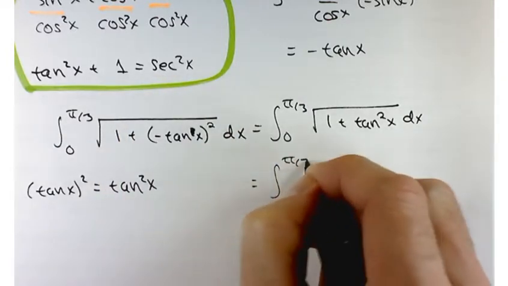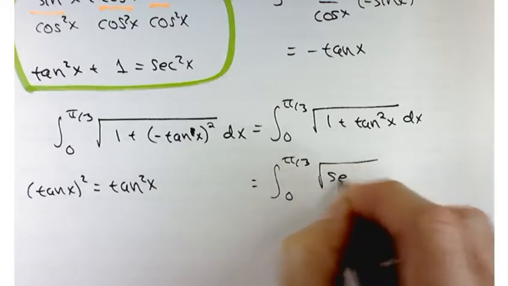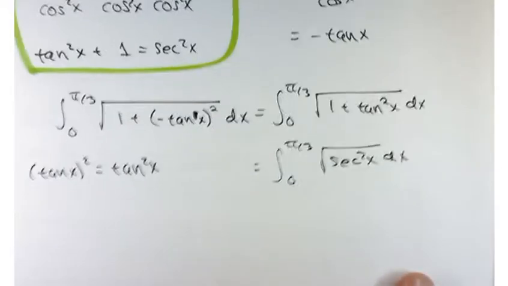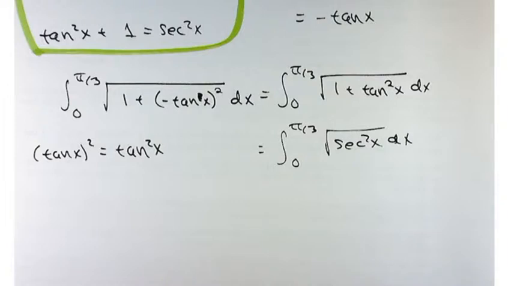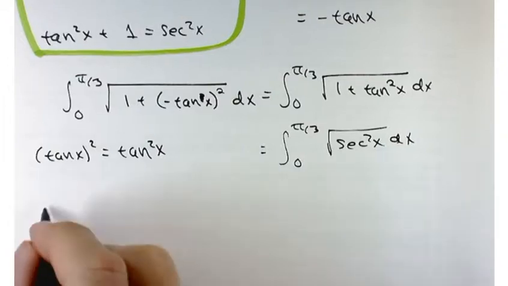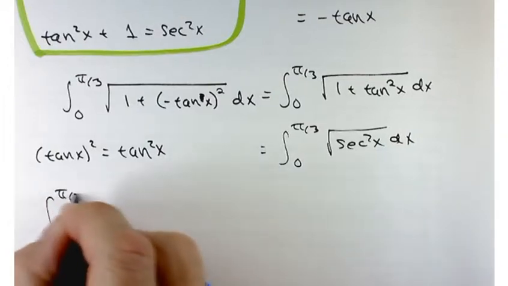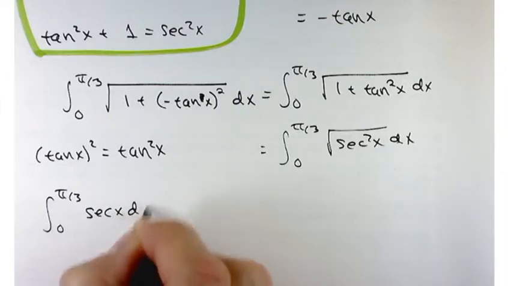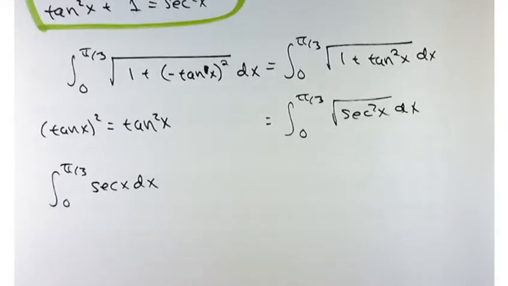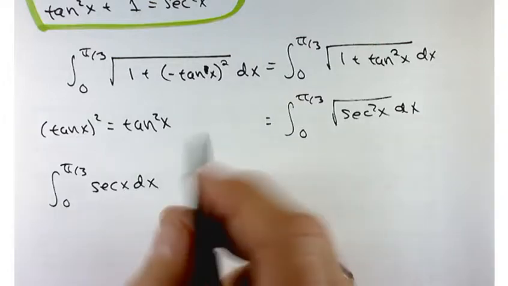The integral from 0 to pi over 3 of the square root of secant squared x dx. You get rid of the square root and the square. Those two operations cancel each other out, right? So it's just the integral from 0 to pi over 3 of the secant of x. Well, that's not too bad. The integral of secant of x is something we learned in Calc 1. Right? Anyone?